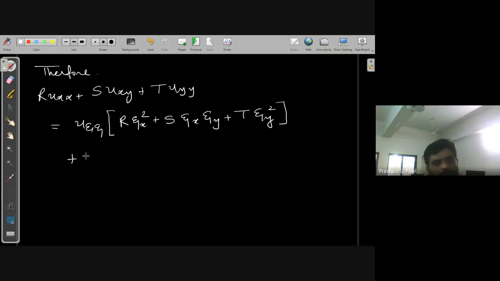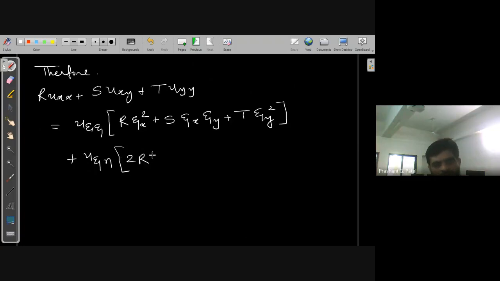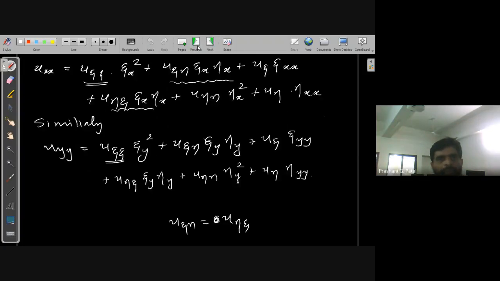Then the coefficient of u_xi eta. u_xi eta and u_eta xi are the same value. So we have two terms of that, this term and this term, and it will come two times. You can see that because u_xi eta is the same as u_eta xi. So these two values are the same. That's why it will come two times. So it is 2 times r xi_x eta_x plus s, that is in r here.